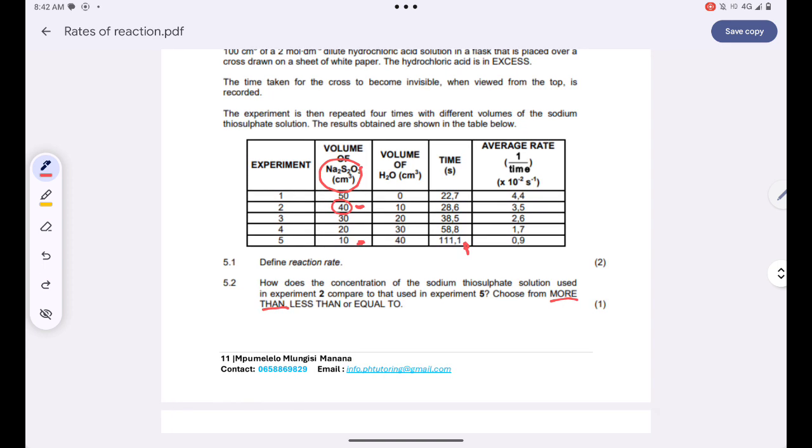Oh, so I just have to say 1 divided by 40.